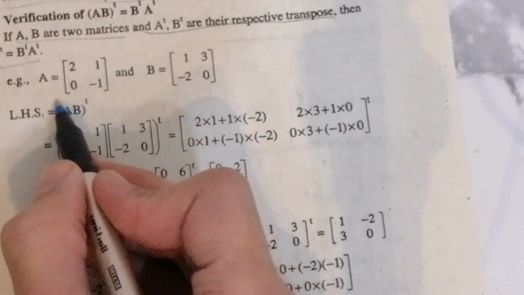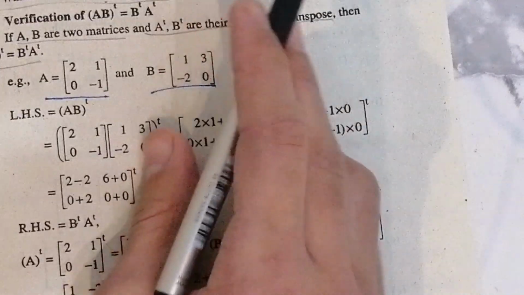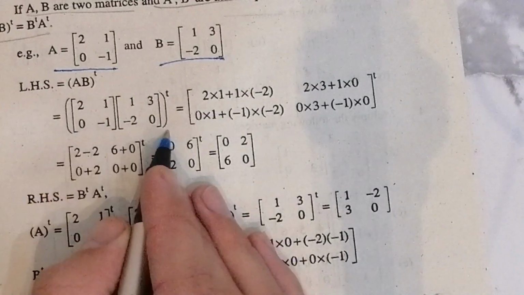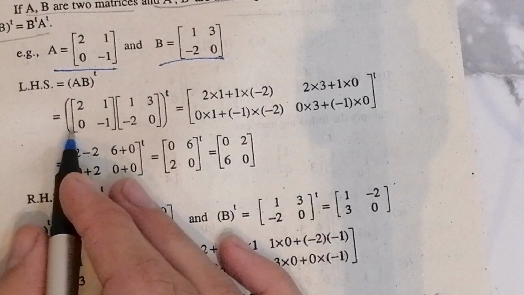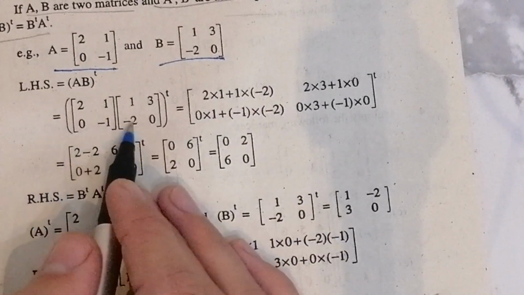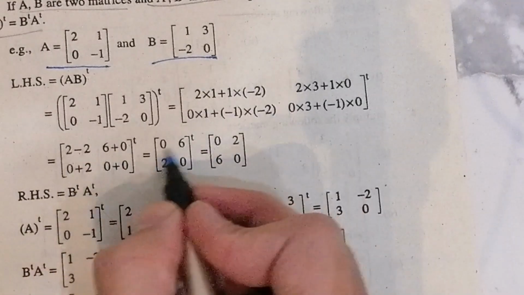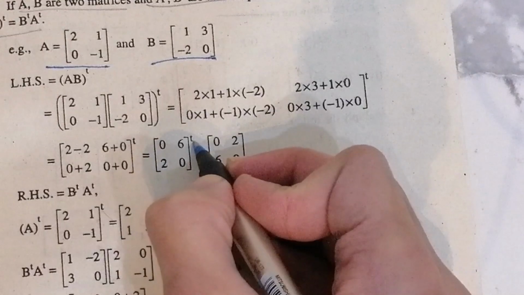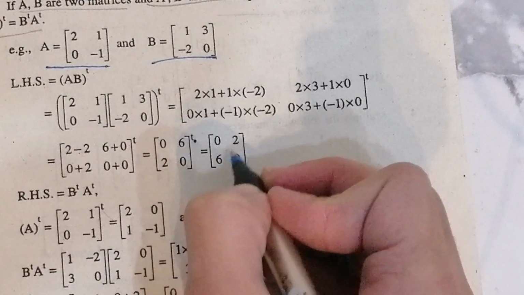Example: let this be matrix A and this be matrix B. Left hand side, (AB) transpose. First we will multiply A and B, then take their transpose. If you multiply A and B, this will come as the answer: 0 6 2 0. Then when we take its transpose, this will come as its answer: 0 2 6 0.